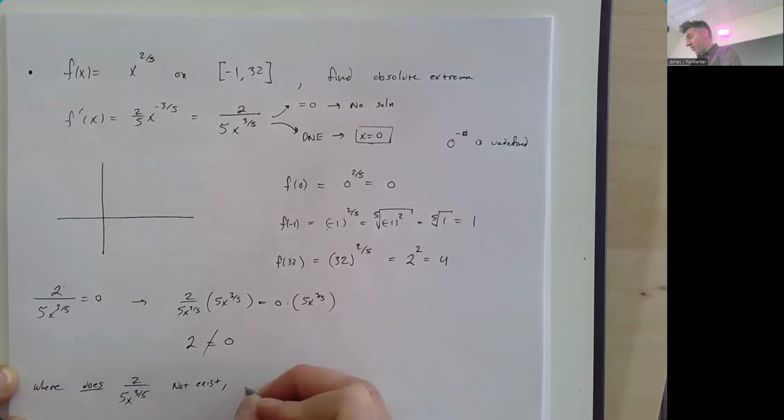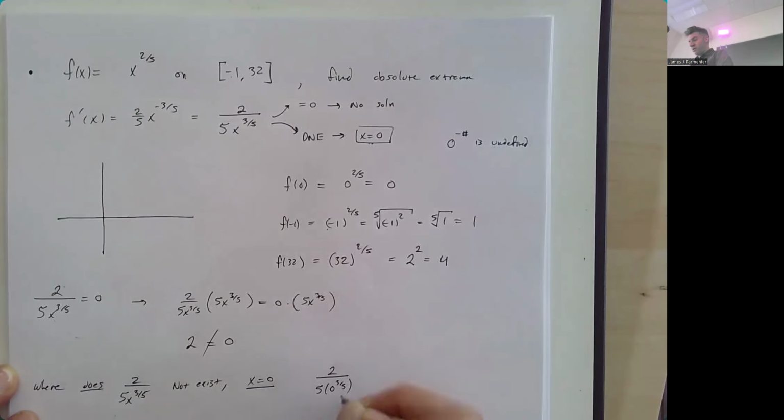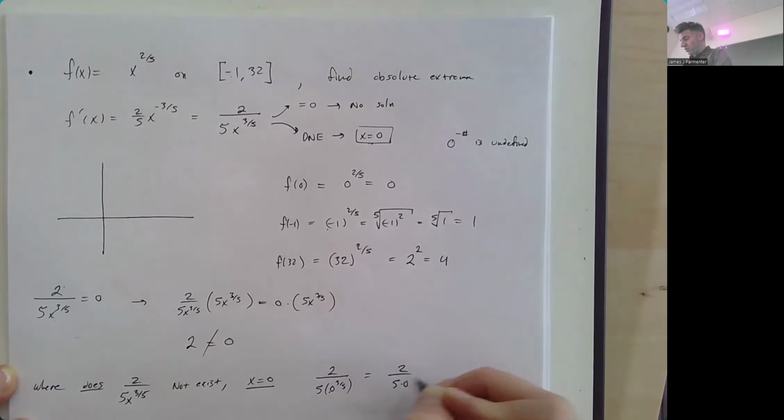Well, x equal to 0, because I'm looking where the denominator is 0. If I set 2 over 5 times 0 to the 3/5, 0 to a positive power is 0, and 2 over 5 times 0 is 2 over 0. That doesn't exist. We can't divide by 0.